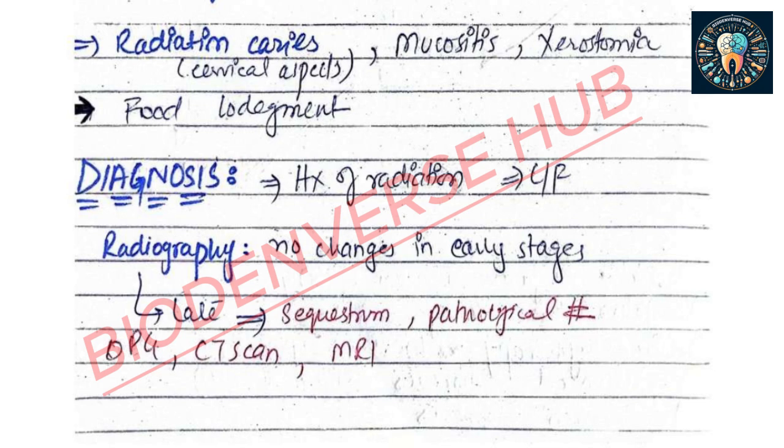You need to keep in mind that in the early stages, there will be no obvious changes seen on the radiographs. But in the later stages, you can see the sequestrums or the pathological fractures on the radiograph. So radiographic investigation in the form of OPG, CT scan, MRI or CBCT you can advise to the patient. So this was about the diagnosis.